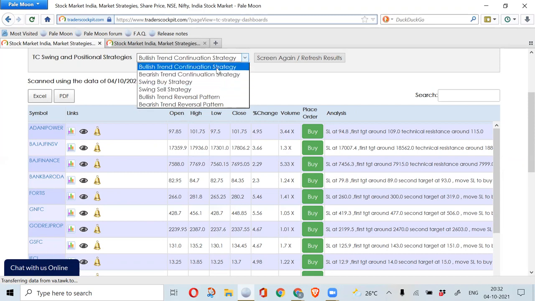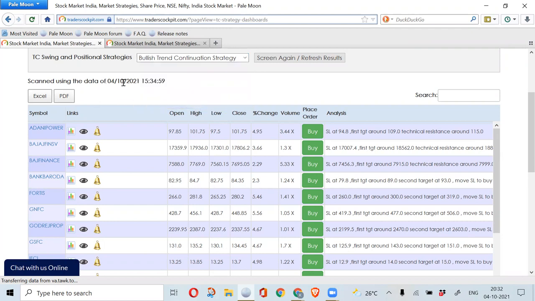The bullish trend continuation and bearish trend continuation strategies will give you the list of the stocks which are going in bullish and continuing in a bullish trend, or bearish and continuing in a bearish trend respectively. And coming to the swing buy and swing sell strategies, these are the 2 strategies where the list of the stocks will be having a minor correction in their trend, so that you can buy at the lowest possible rate and then execute them for the coming 2 to 3 days.